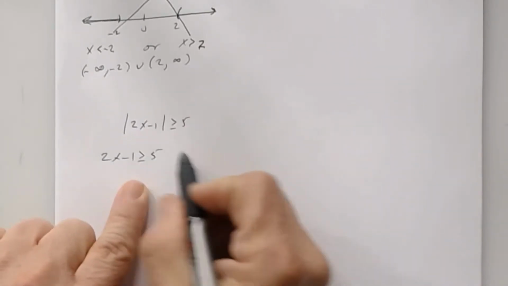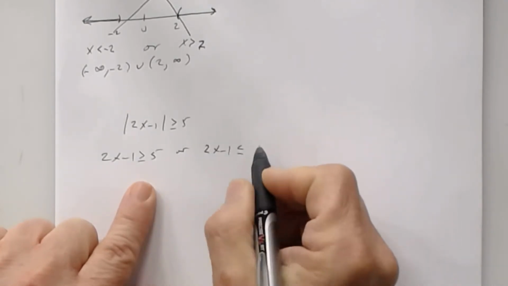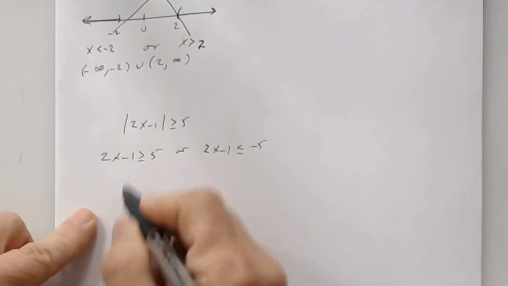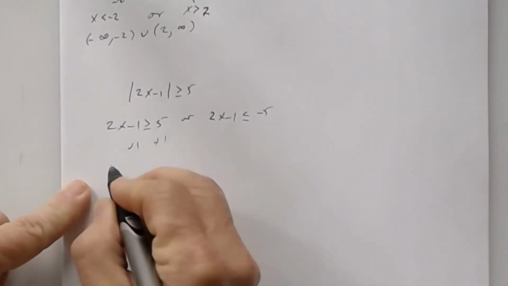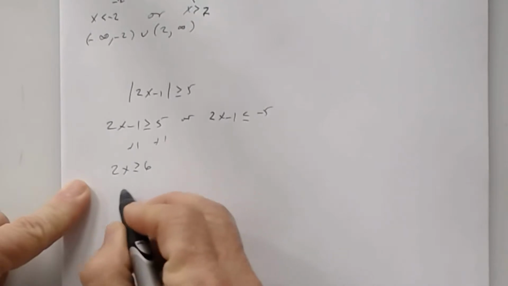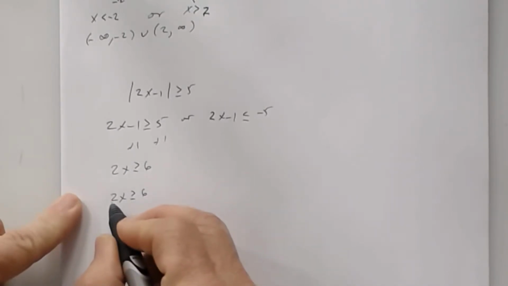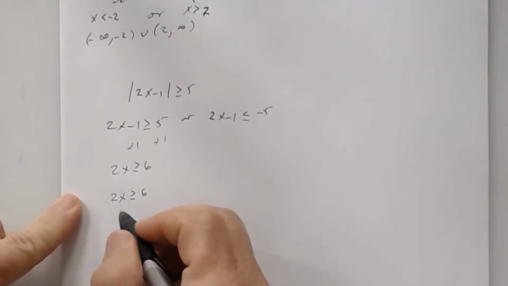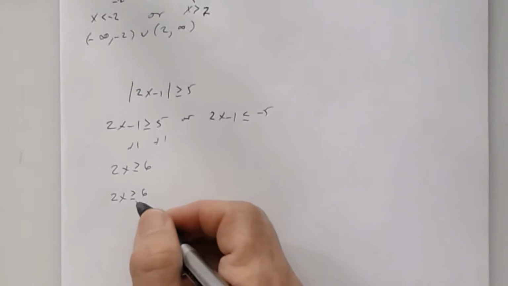So the next part would be 2x minus 1 has to be less than or equal to what? -5. And then you solve each one individually. So you add 1 to both sides. You get 2x is greater than or equal to 6. Then what's the next step? Divide by 2. And if this was a -2, you would divide by -2, right? What else would you do? Yeah, and some of you are forgetting that as well.